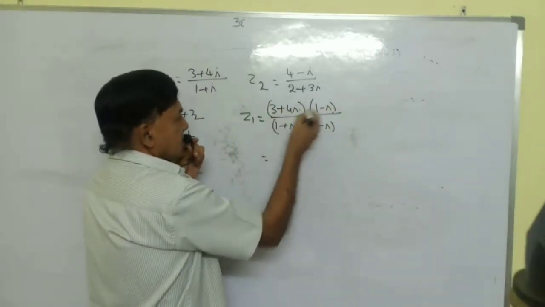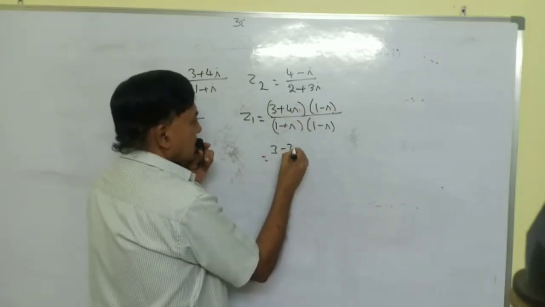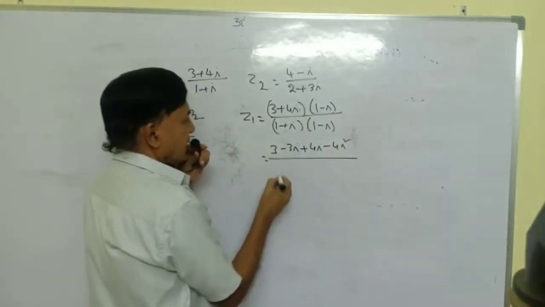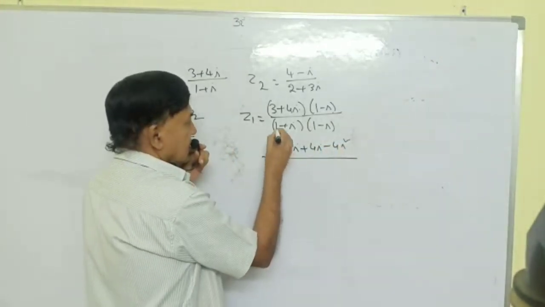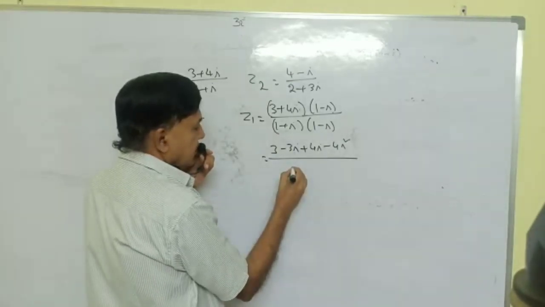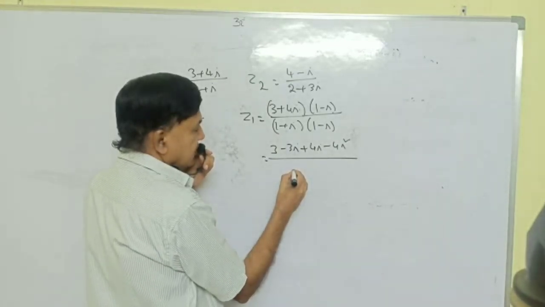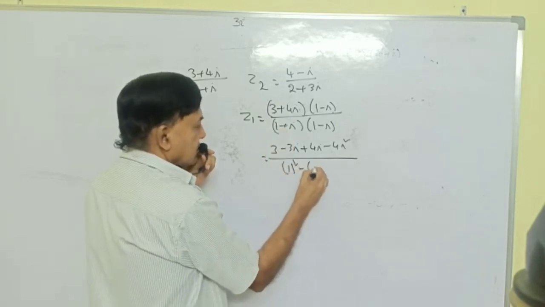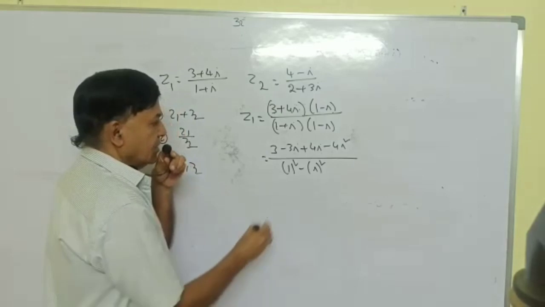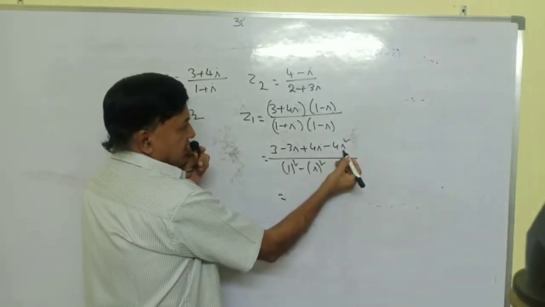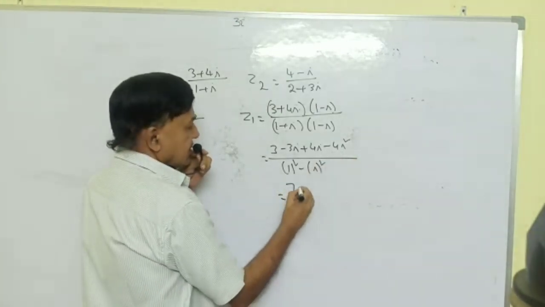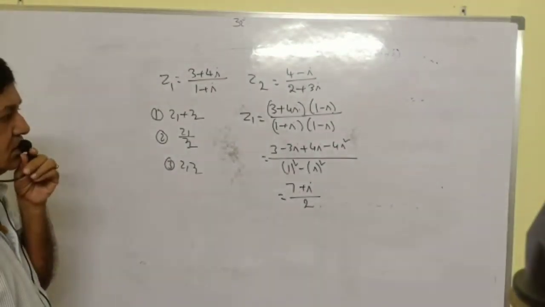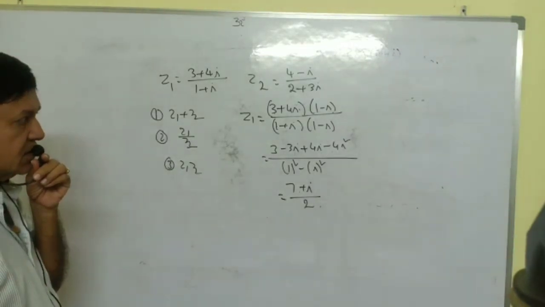Then you are going to get 3 minus 3i plus 4i minus 4i square by (a plus b) into (a minus b), which is a square minus b square. A square is 1 square minus i square, and i square is minus 1. So you will get 7 plus i by 2.